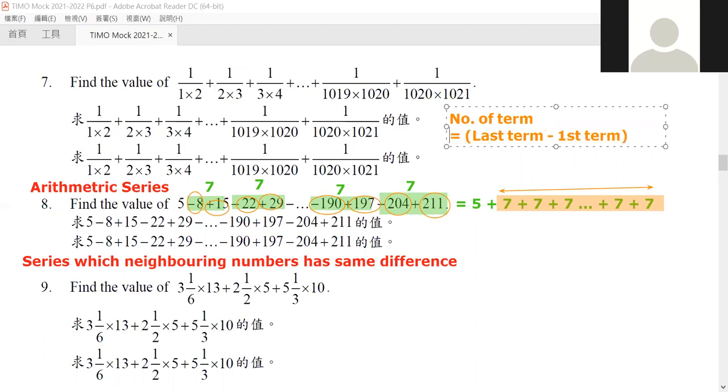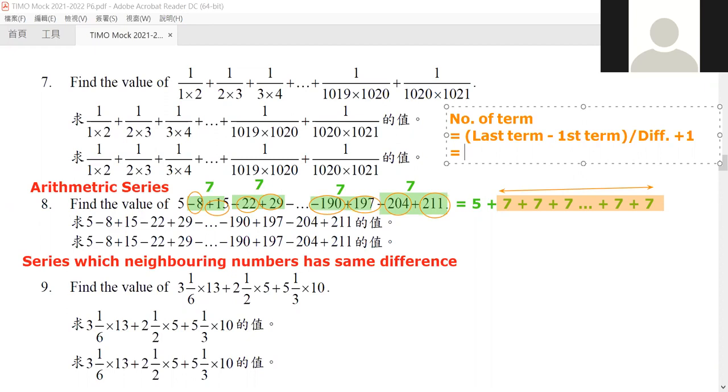Normally we refer to it as the CD, but in here we'll just say that it's the difference. And then later on, we add 1 to indicate that we have 1 more than this, because we need to count the first term.